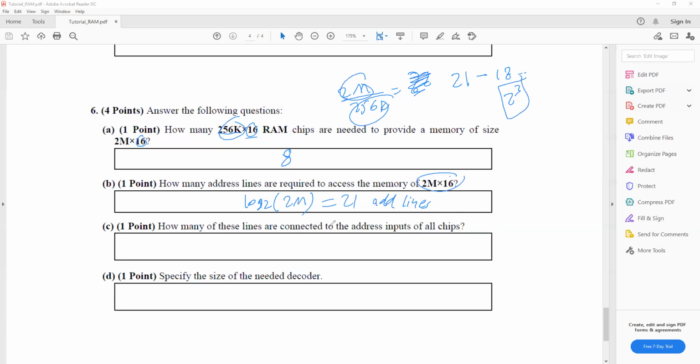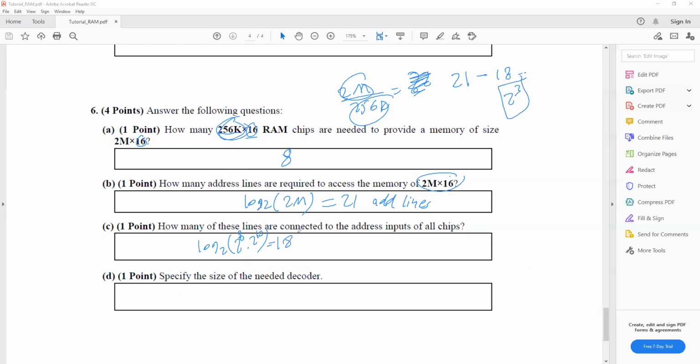How many of these lines are connected to the address inputs of all chips? The small chip is 256K, so that's 18 bits connected to the 256K memory. How did we get it? That's log2 of 2 to the 8 multiplied by 2 to the 10, which is equal to 18.